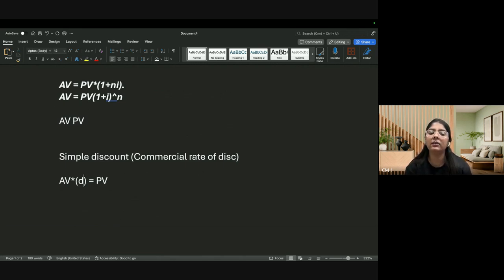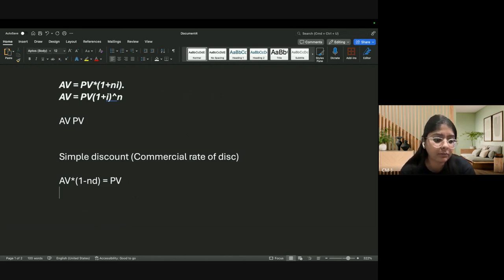It is 1 minus ND. Here we have a plus because we are accumulating. When we are discounting, we will do a 1 minus N, and instead of I, we will use a D because this is the rate of discount. So, discounting accumulated value to get to the present value using a simple discount rate.